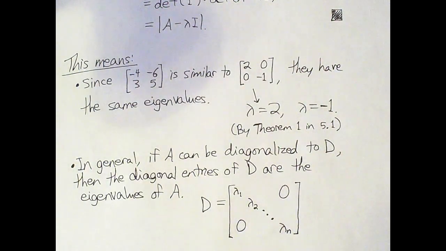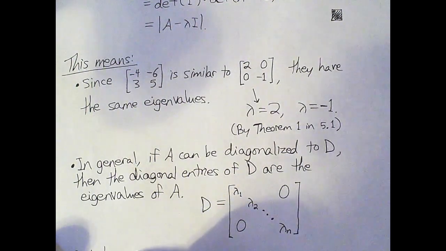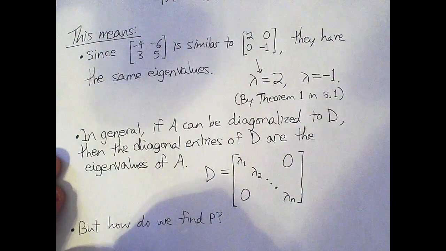So I guess I just told you how to find the matrix D. You could find the eigenvalues. But how would we find P? To fully say that we diagonalized a matrix, we need to find D and P. And before I can tell you how to find P, we need two theorems to get there.